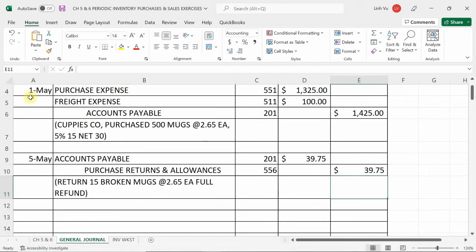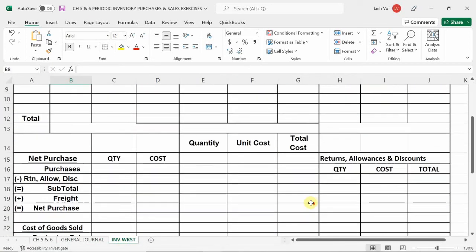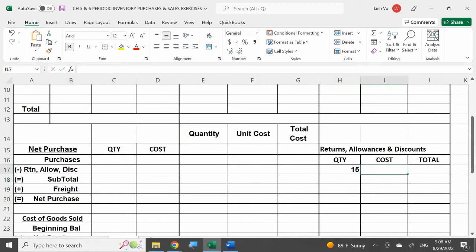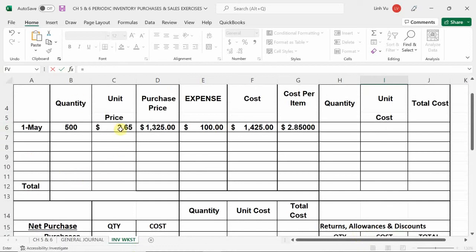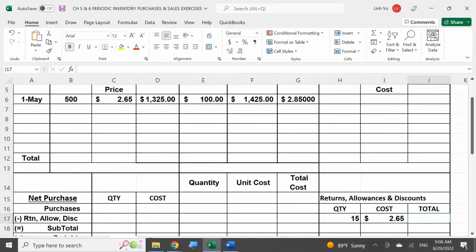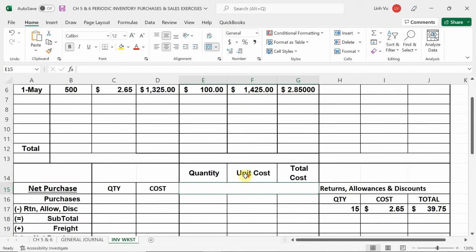$39.75. So let's go ahead and figure that out in my inventory worksheet. I know I'm going to return 15 of them. Right now, they cost me $2.65, so I should get a refund of $39.75. Now I need to build my goods available table because my inventory has been affected.